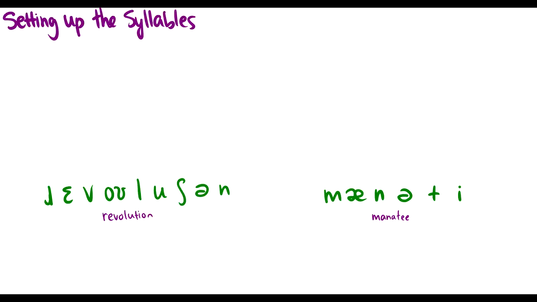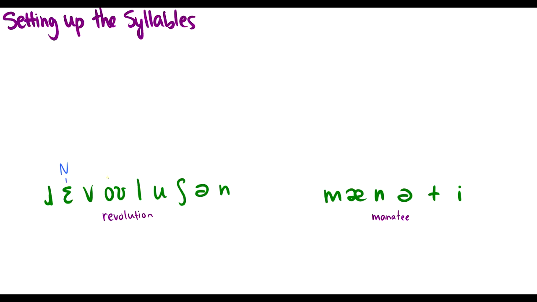Lastly, how do we set these up? So again, we did the sonority hierarchy before, but there's other ways to do this. Most important part, and the first part, if you don't want to do all the sonority hierarchy stuff, you don't have any intuition about the language, start with the vowels and put nucleuses above those.